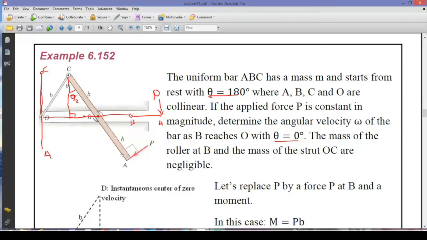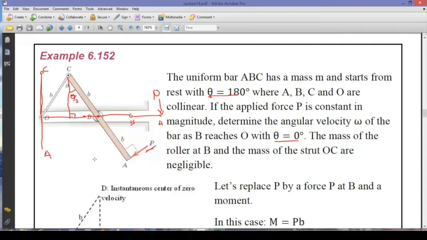The other concern that we should have here is finding the work done by this P force, and as a result of that, we might be able to write out the energy equations. Now, if we consider this link as a uniform link with mass center at B, the mass center's location in the vertical direction will not change.